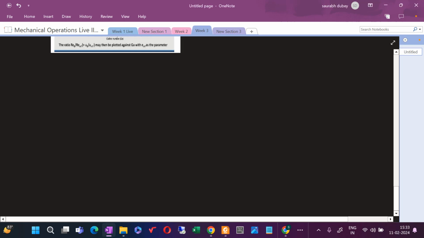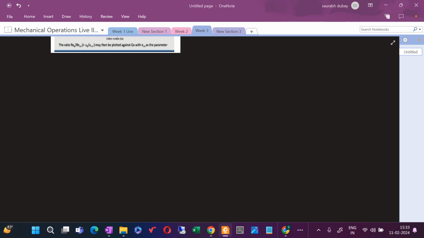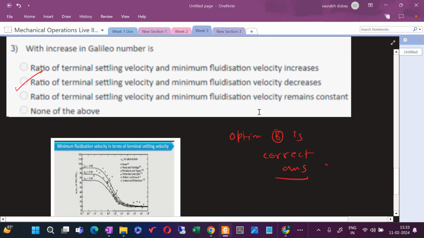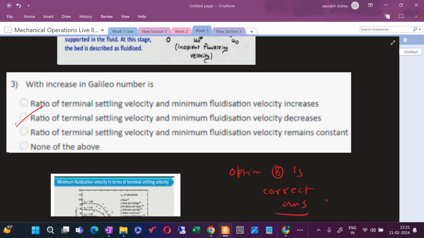When this discussion was happening, maybe you encountered lots of things. Therefore, the ratio of the Reynolds number at the terminal falling velocity to that at minimum fluidization can be related to the Galileo number using these curves.